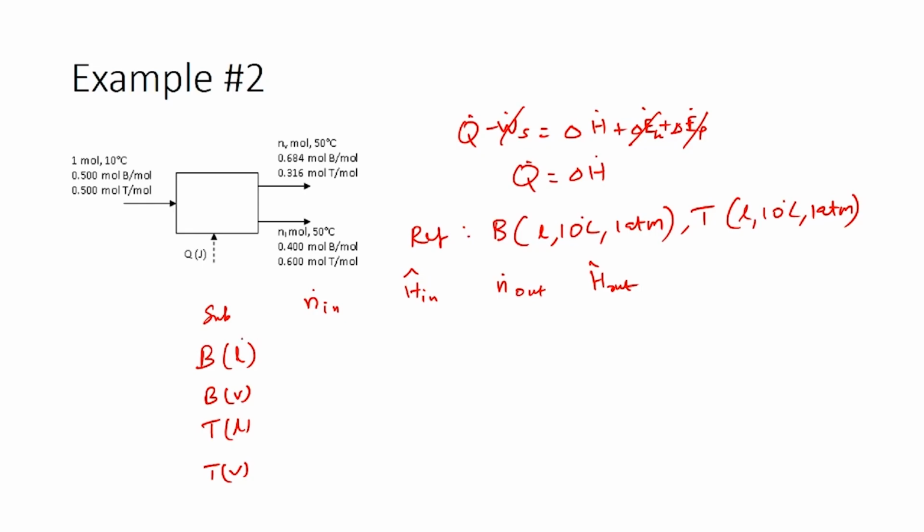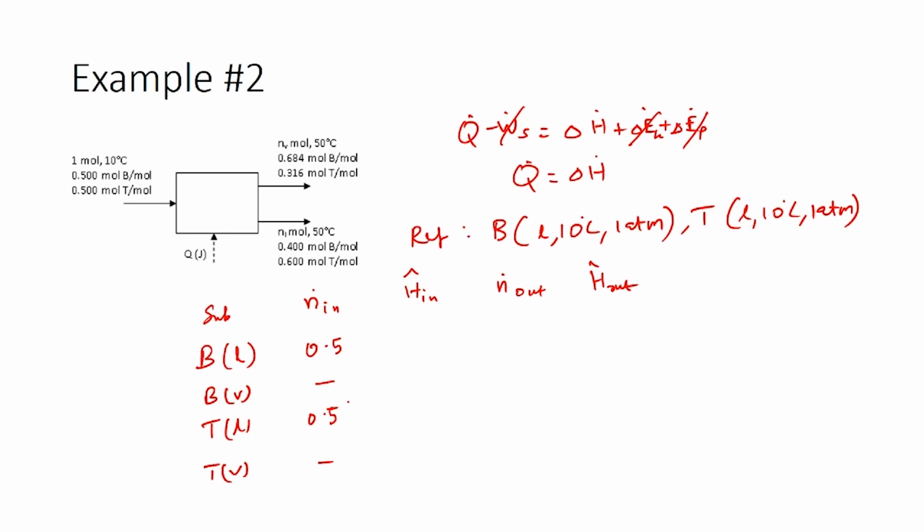In the inlet stream we have only benzene liquid and toluene liquid entering the system, which means benzene vapor and toluene vapor do not have to be accounted for in the inlet stream. From the mass balances which we performed and the basis we had, we can identify the molar flow rates, or the number of moles, of benzene liquid and vapor and also the toluene liquid and vapor in the inlet and outlet streams. We know 0.5 moles of benzene liquid and 0.5 moles of toluene liquid are entering into the system.